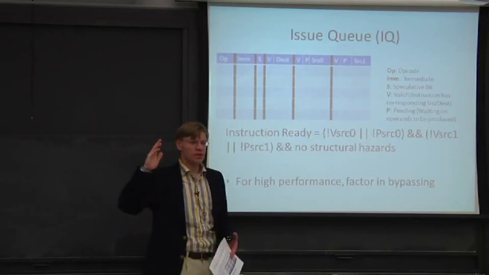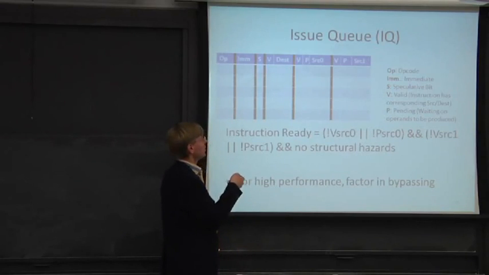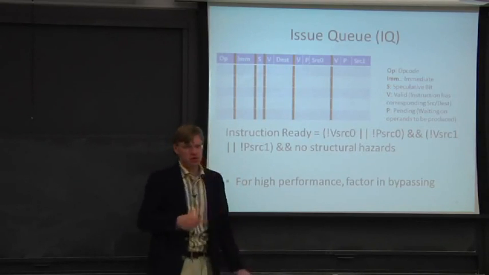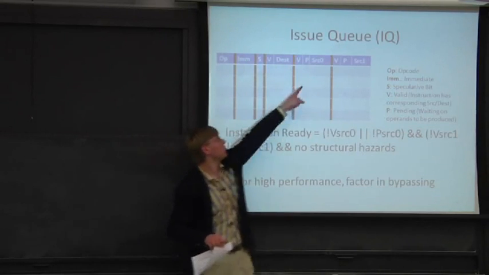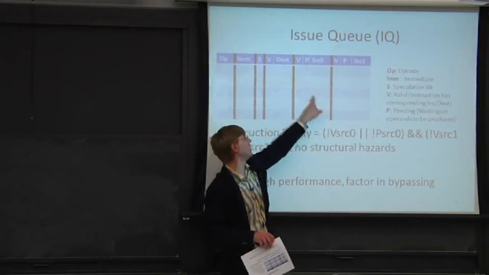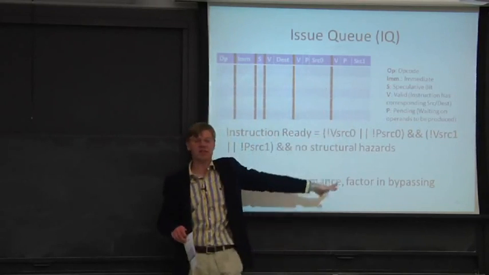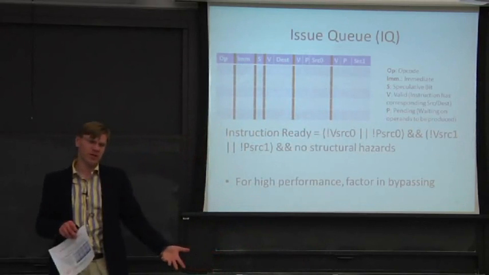But then register 5 gets written, it's going to clear the pending bits, so it's no longer pending. And it might be in multiple places, so it might be like here and here, maybe even there. It's going to clear the pending bits in whoever's trying to read register 5.